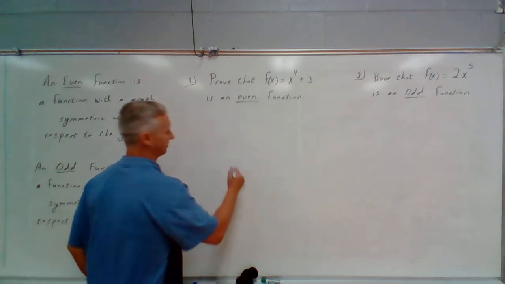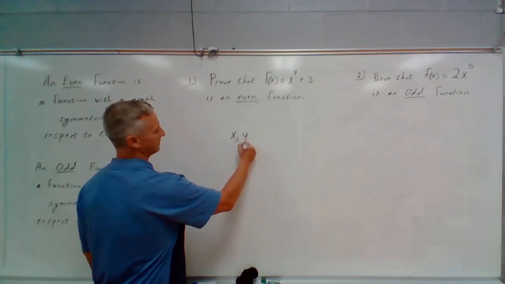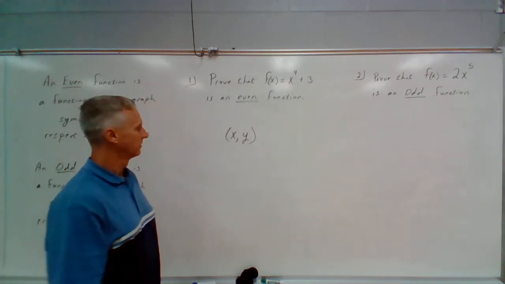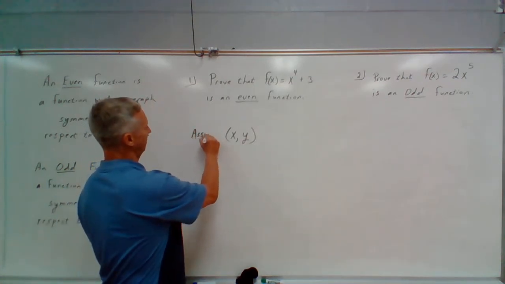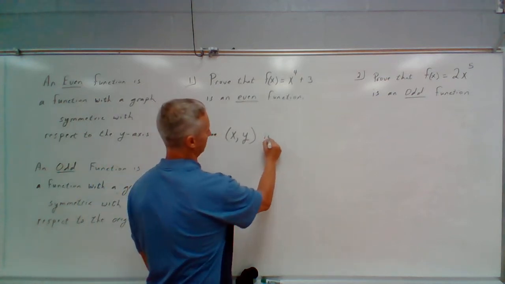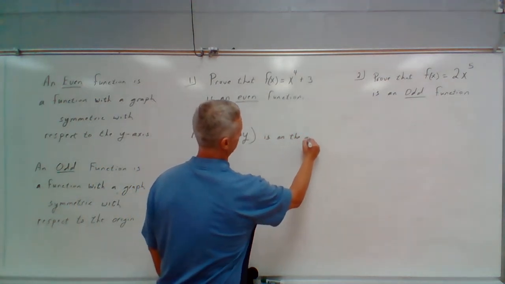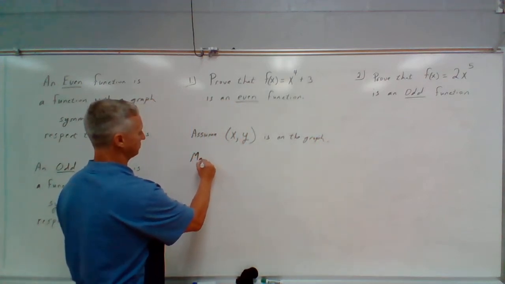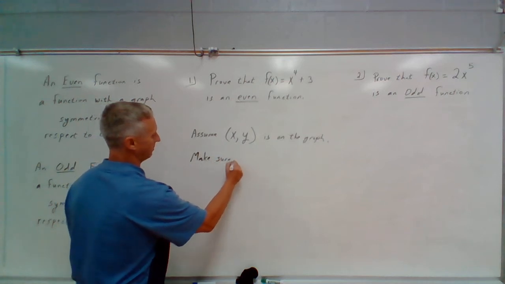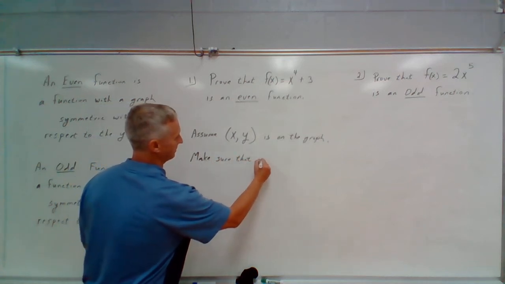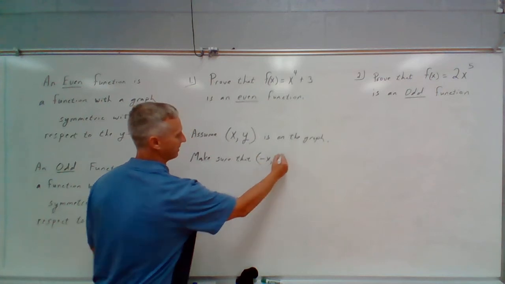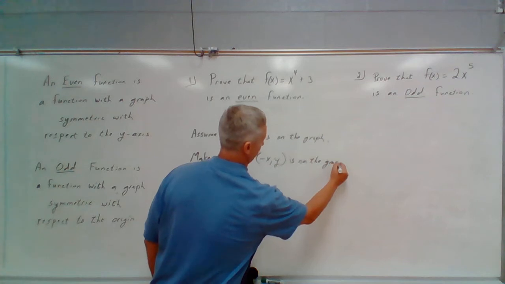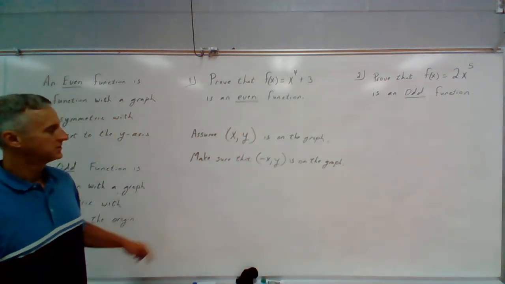To prove it, let's assume that the point (x, y) is a point on the graph. We have to make sure then that (-x, y) is on the graph. So let's do that.